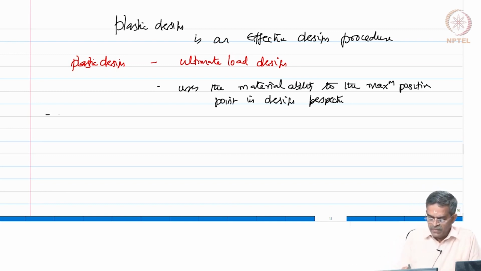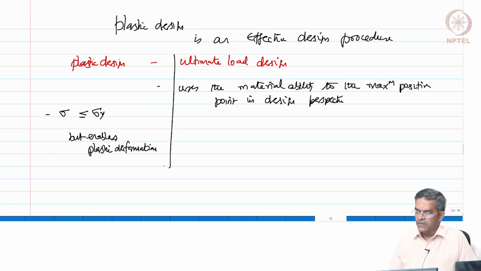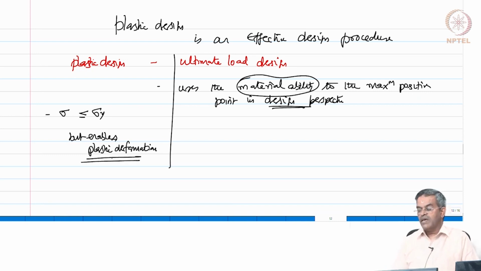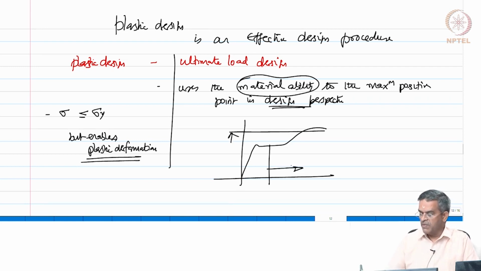Whereas in plastic design, the stress is limited to yield value, but it enables plastic deformation. So, one method uses the material ability to the maximum strength, the other method uses the material ability to the maximum deformation. Okay. So, simply look at this curve. One method uses it to the maximum strength, the other method uses it to the maximum deformation. Okay. So, we are looking for a different perspective of conservatism. Okay.